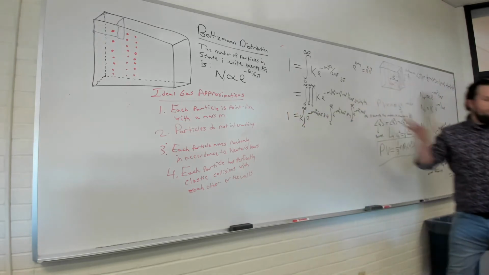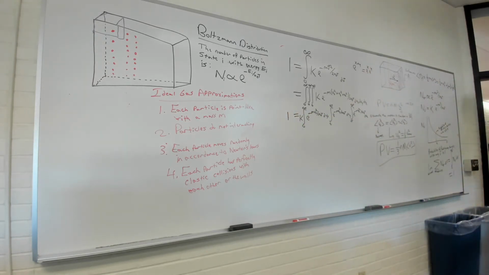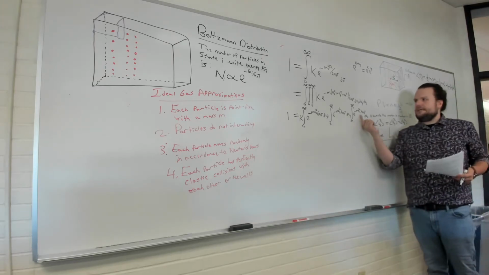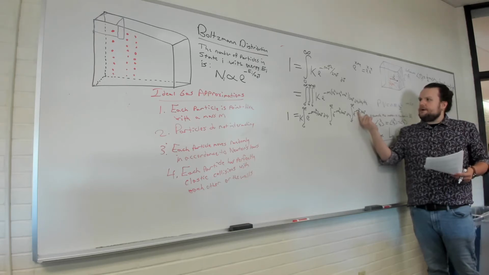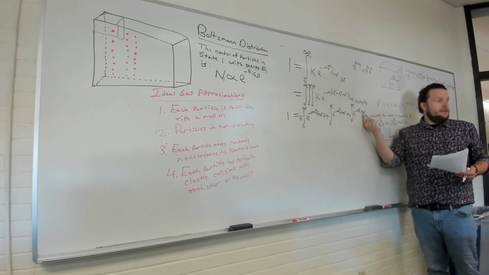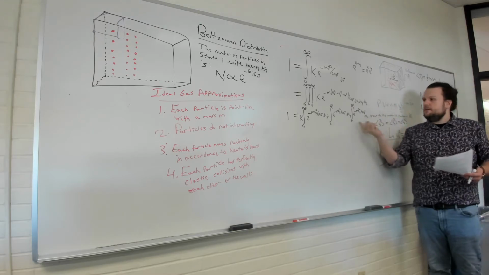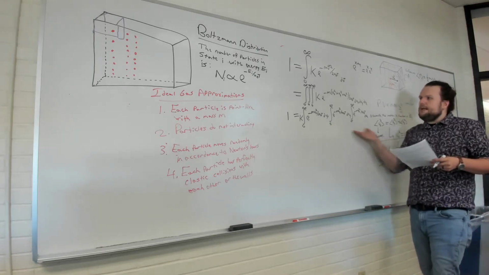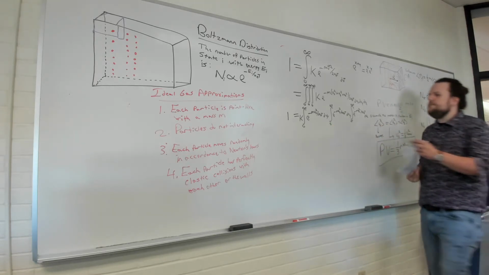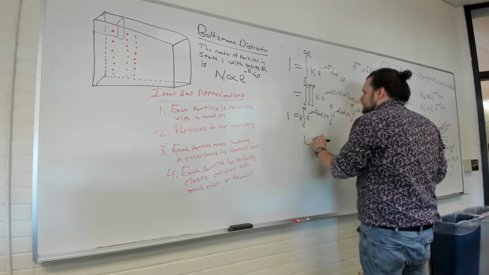I'm not going to do this integral. You can look up this integral, e to the minus ax squared, where a is m over 2kT. It's a well-known integral, and we're not going to have to do it. It's not a big deal. But anyway, you can integrate this out, and you solve for k.